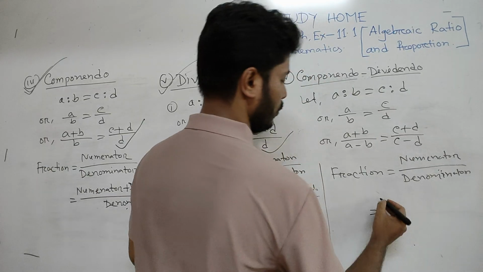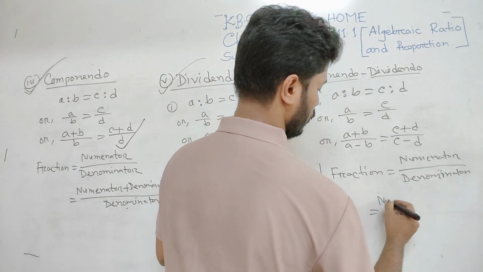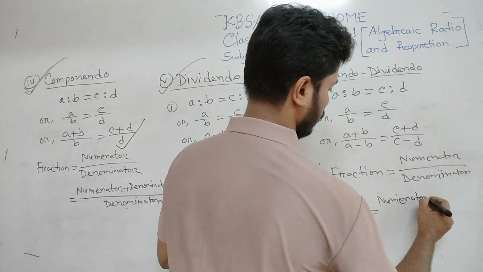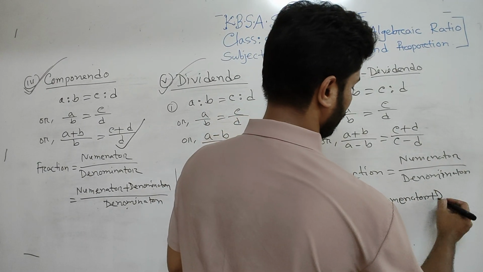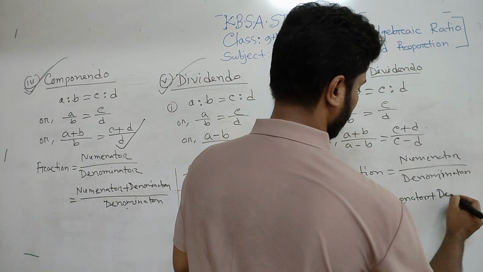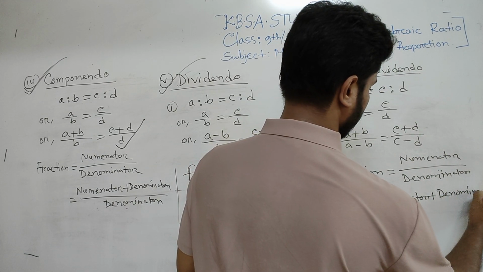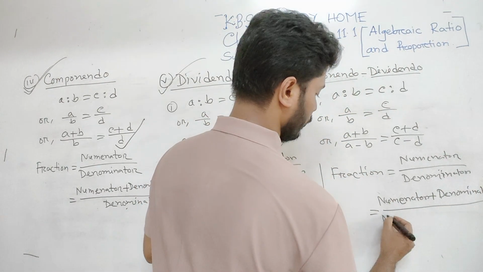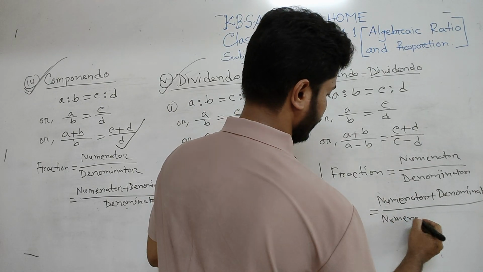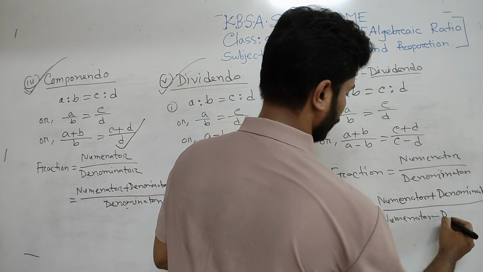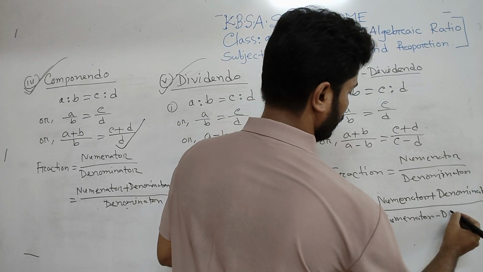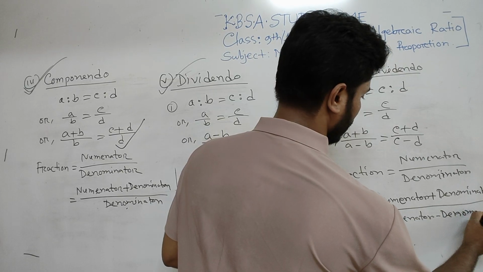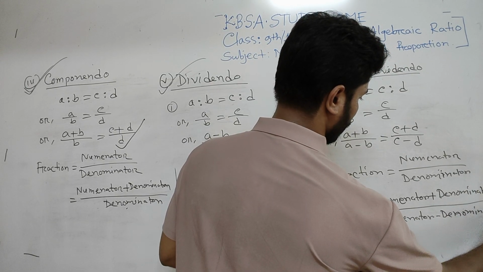We write numerator plus denominator divided by numerator minus denominator.